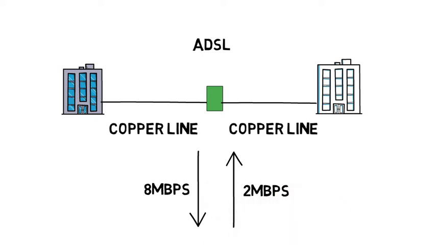This is also why broadband services were sold as up to a particular bandwidth, as it was hard to predict what speed could be achieved over the copper wires. We're not going to spend too much time on ADSL, as it isn't a fibre circuit and is largely being phased out.